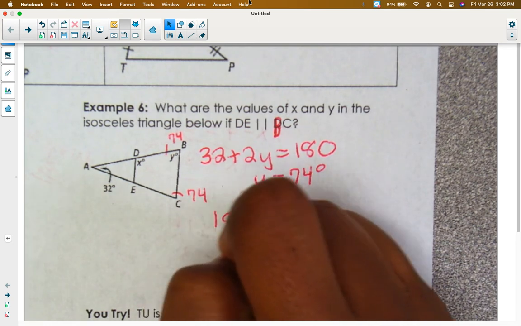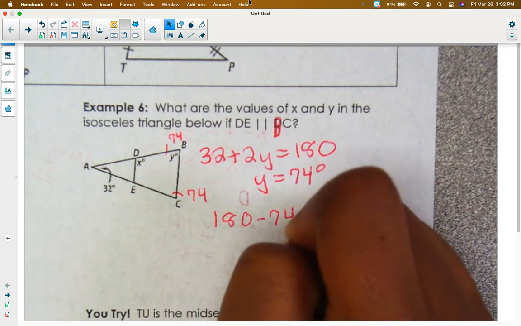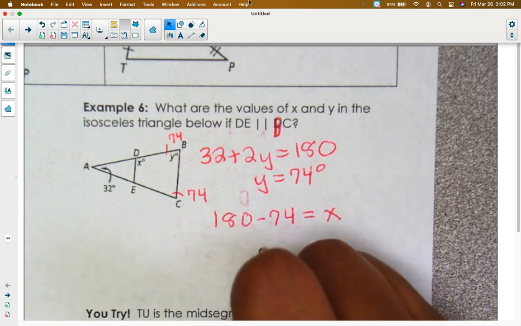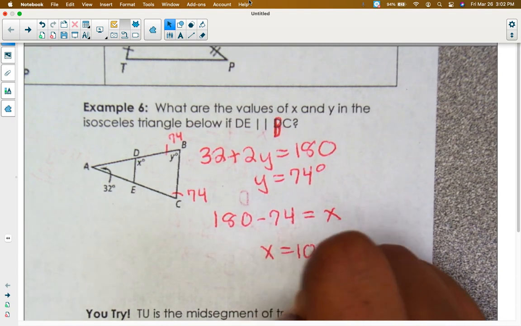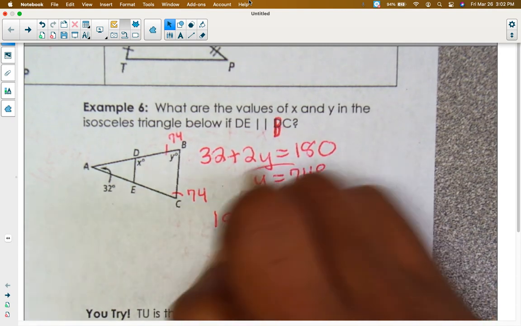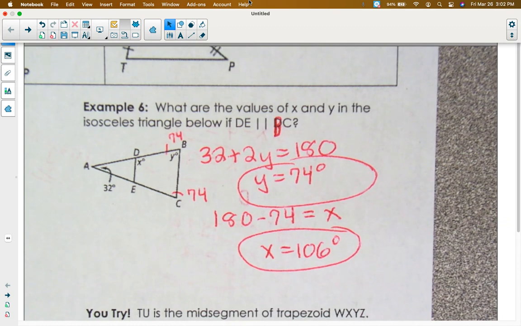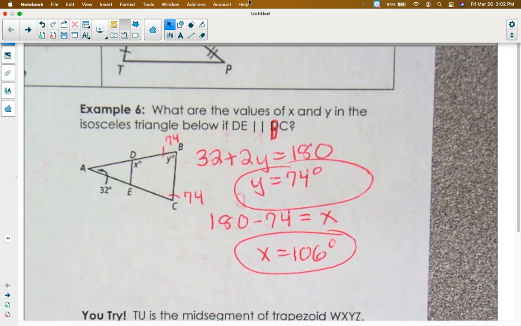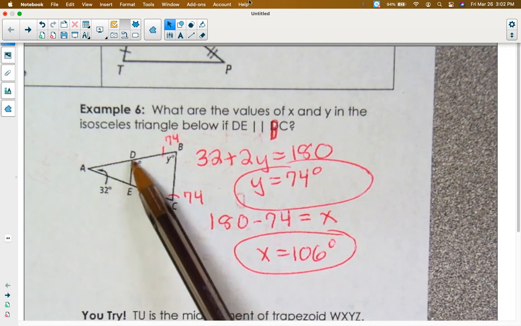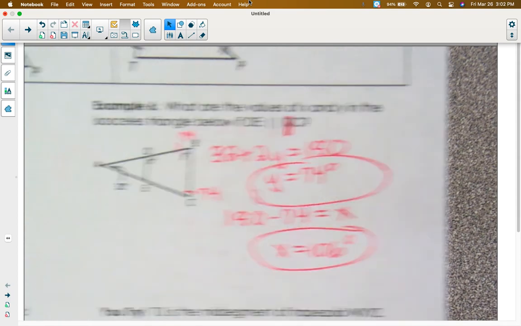So we can do 180 minus 74 to get x. So x is equal to 106. All right. So we used the fact that we had parallel lines. I looked at the big triangle to add everything up to 180, and then these two are supplementary angles.